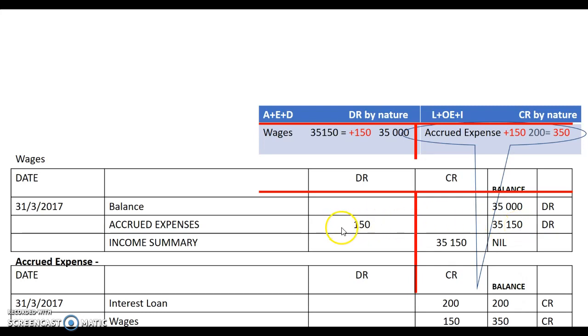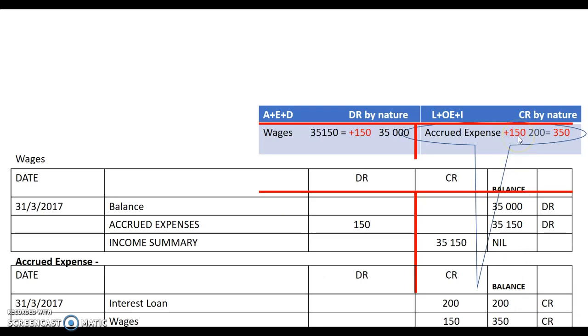Before I go any further though, it says, you've added this 150 to the wages account. What account did you put against that? Where did the other 150 go? Because remember, we have to have a double entry in accounting. Well, the opposing credits of that 150 go to the accrued expenses account up over there.